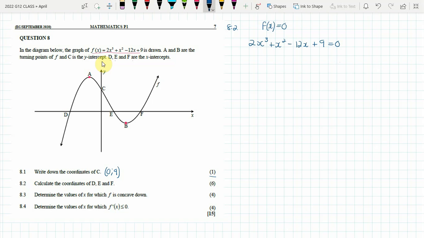Remember, to find a factor, we must first try out a value that's going to satisfy the equation, a root of the equation. So we're going to try factors of 9: 1 and minus 1, 3 and minus 3, 9 and minus 9.